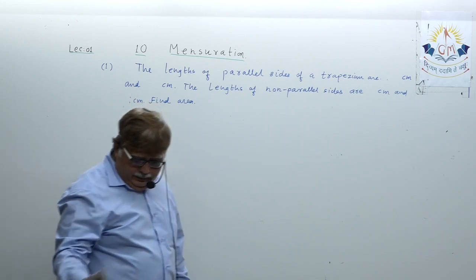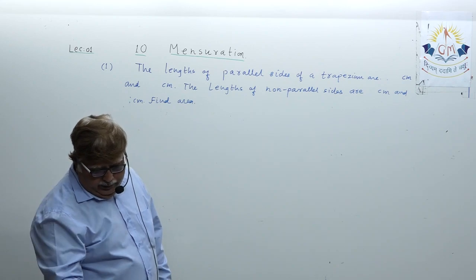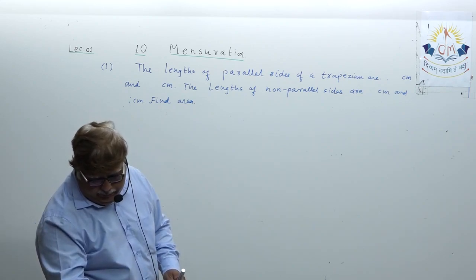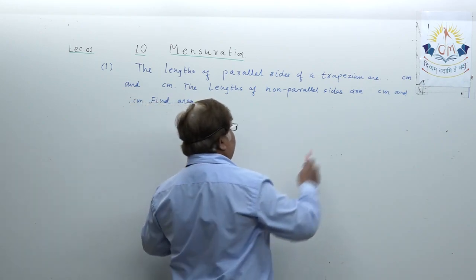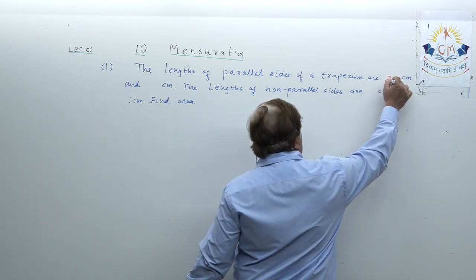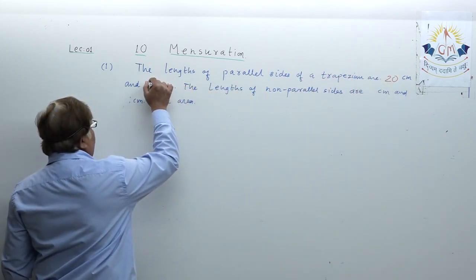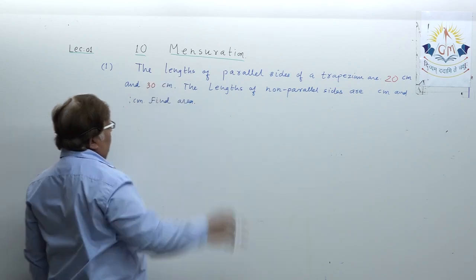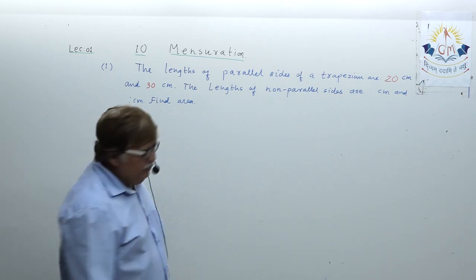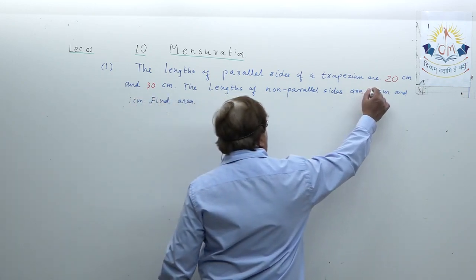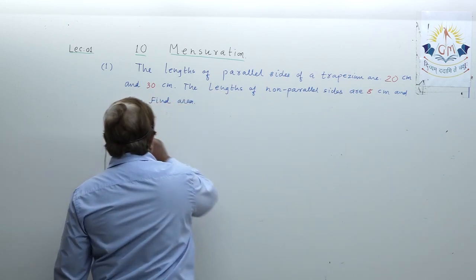Okay? What is given? The lengths of the parallel sides of the trapezium I am writing here are 20 centimeter and 30 centimeter, and the lengths of the non-parallel sides are 8 centimeter and 6 centimeter.